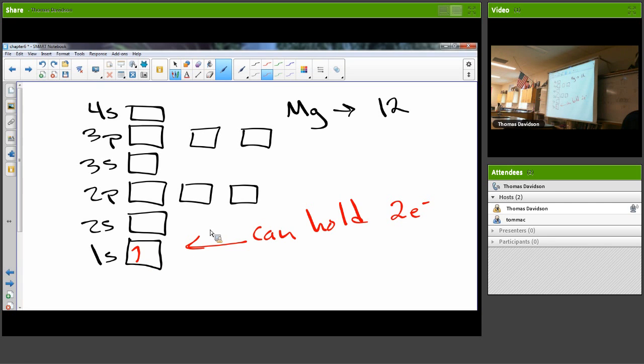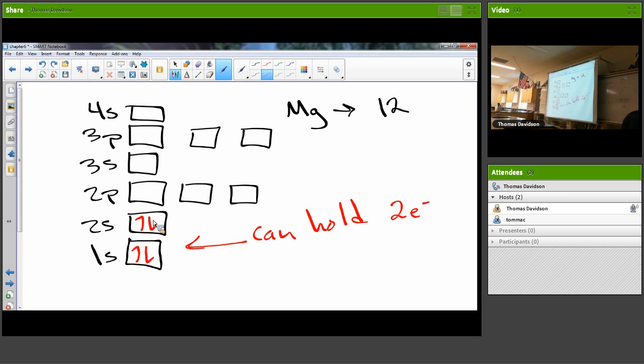And then what do I do with the next one? I put it in this box, right? That was easy. I've accounted for 2 of the 12. What do I need to do next? I go up. So I put 1 here and then 1 down there. And now I'm at 4, right?